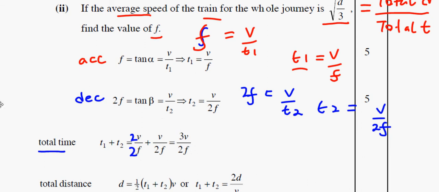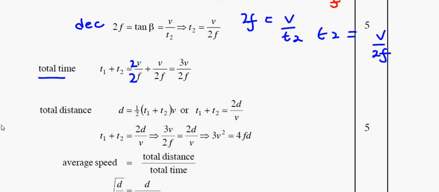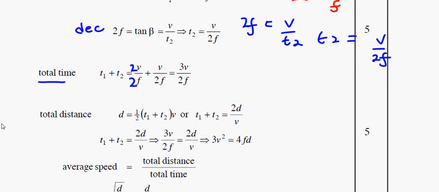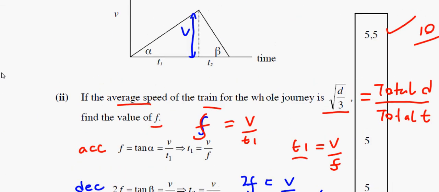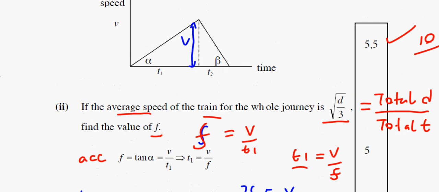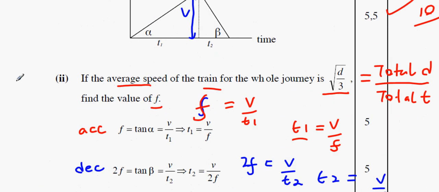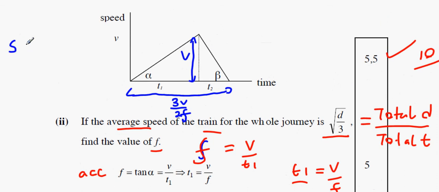Next thing, total distance. What we had to do for the total distance is find out the area of the triangle. We know that the entire bottom is 3v over 2f, the total time. And we know that the area, the distance, equals the area of this triangle.